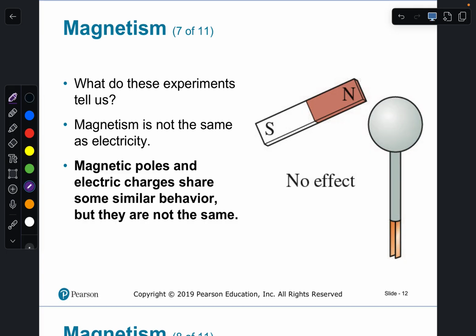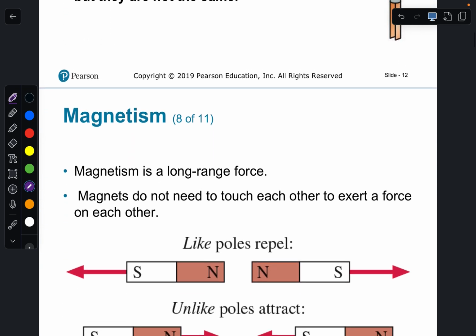That's similar, okay? A non-magnetized object can be attracted to a magnet. That's similar, just like a neutral object can be attracted to a charged object. But there are some differences too.